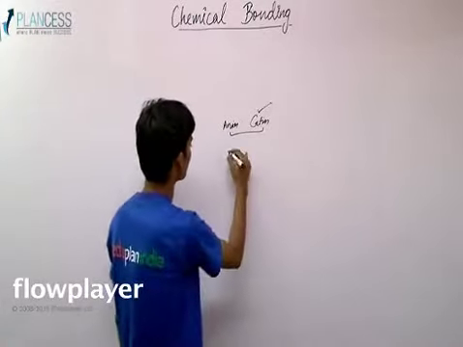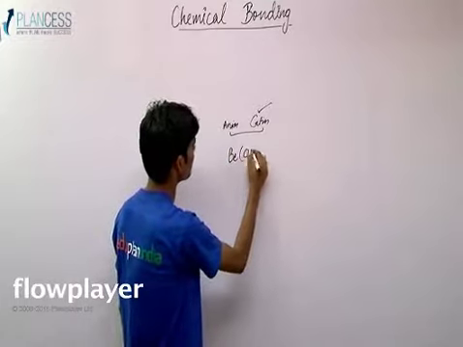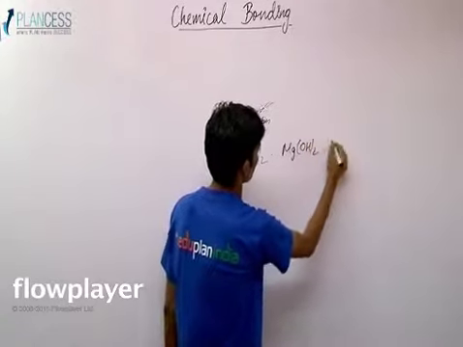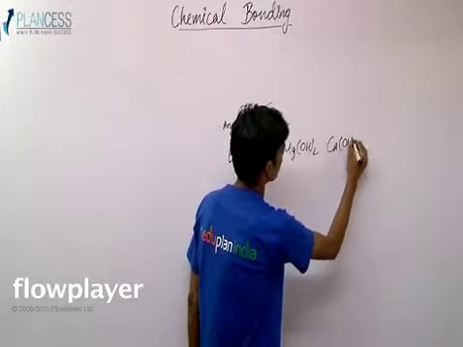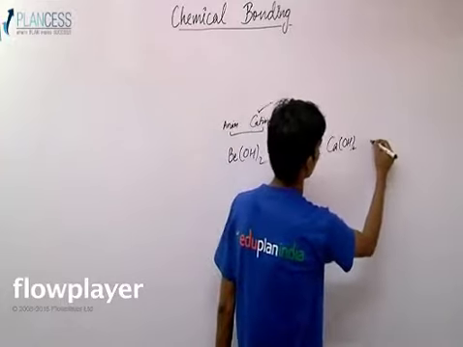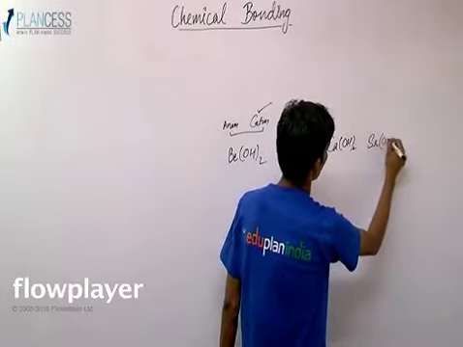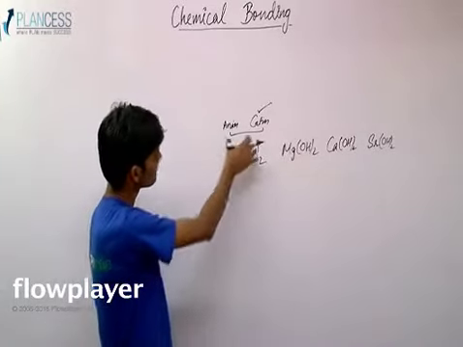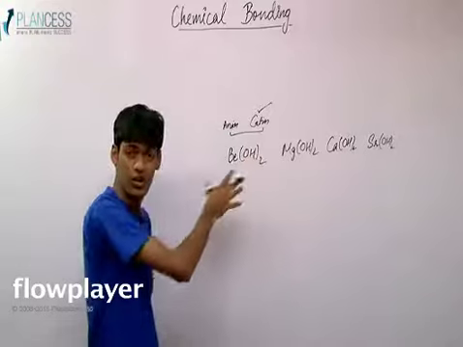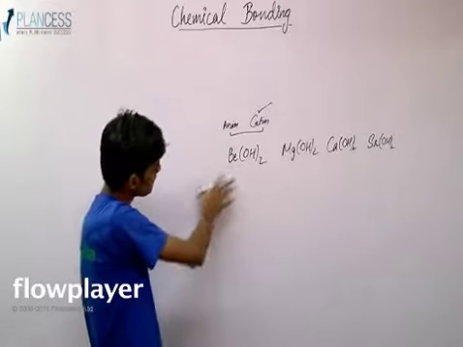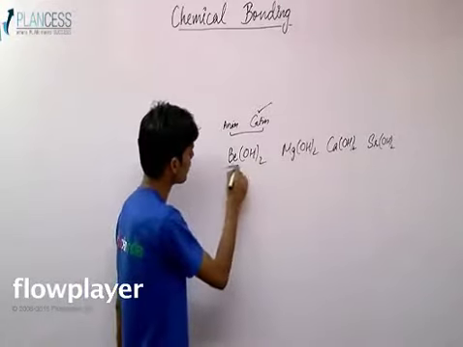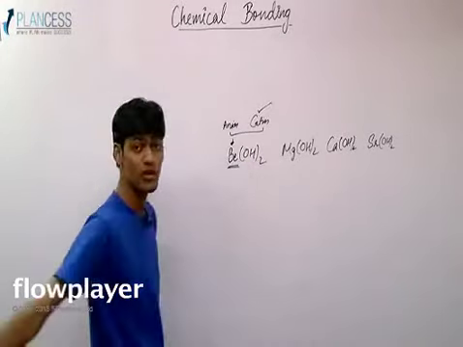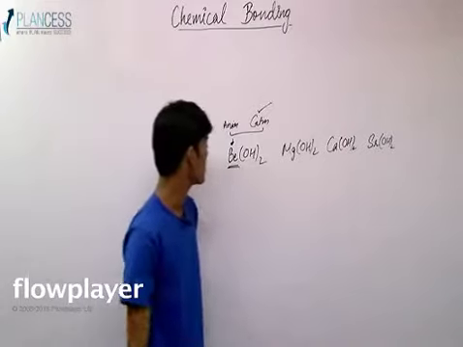For example, if it is something like Be(OH)2, beryllium hydroxide, then Mg(OH)2, calcium hydroxide, and let's say strontium hydroxide. If we have to compare their solubility, because cation and anion are of comparable size, whatever is determined by the cation will determine the solubility.